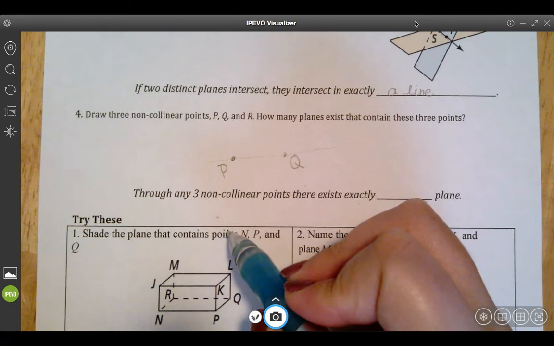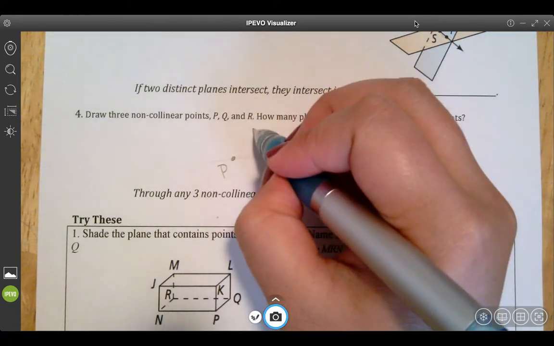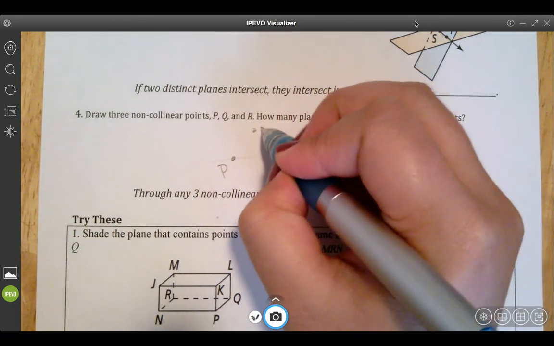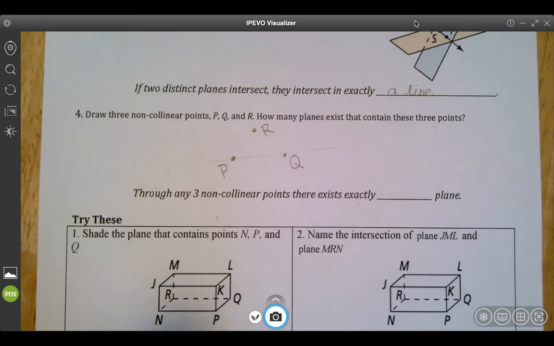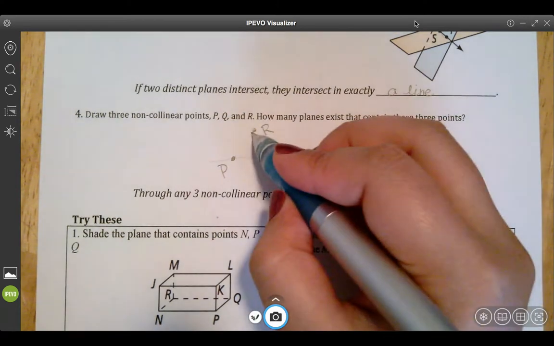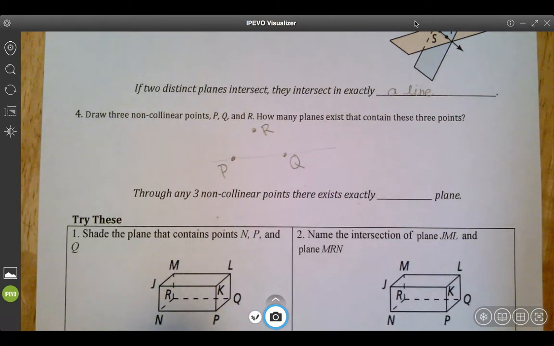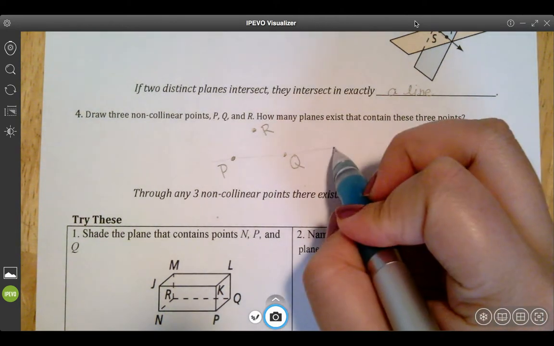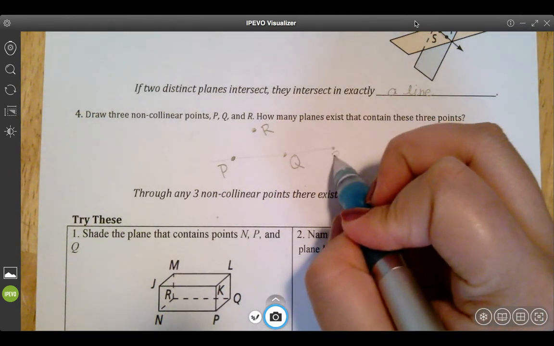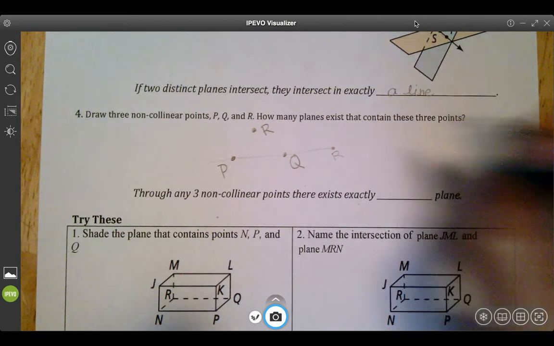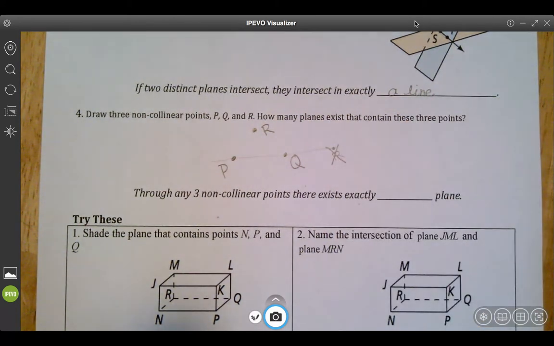So if I want it to not be on the line, I can put it just somewhere completely away from the other 2 points. So these 3 points are non-collinear. They don't make a line. What would it look like if they were collinear? I would put R here if it was collinear, but we don't want it to be collinear.